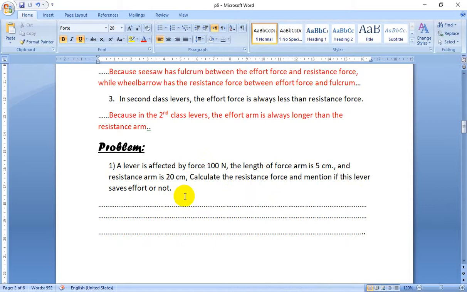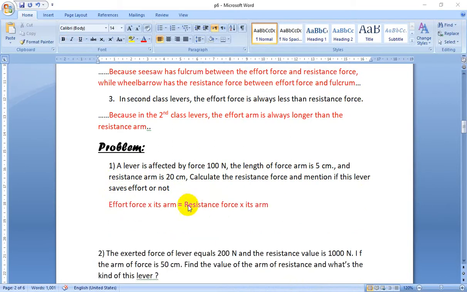Firstly we must write the law of levers. The law of levers: effort force times its arm equals resistance force times its arm. Let's put numbers.